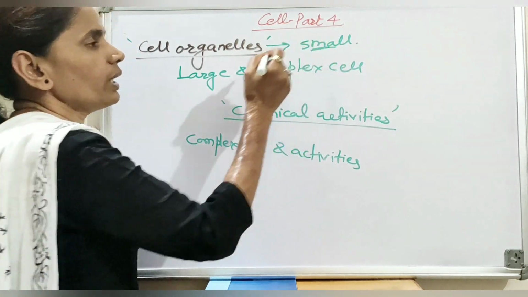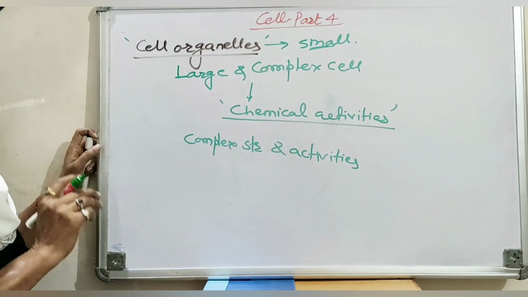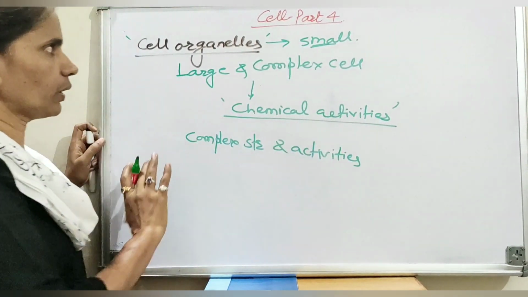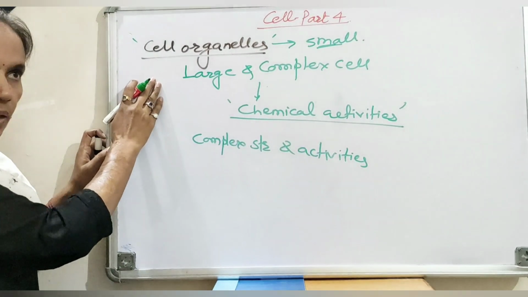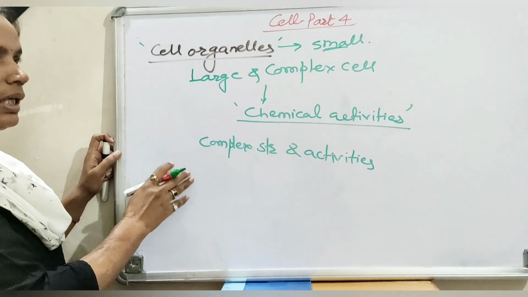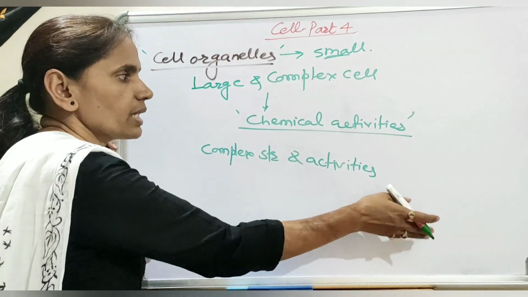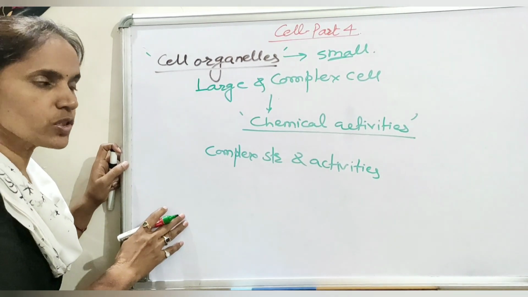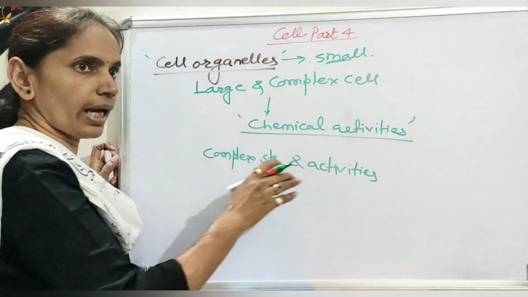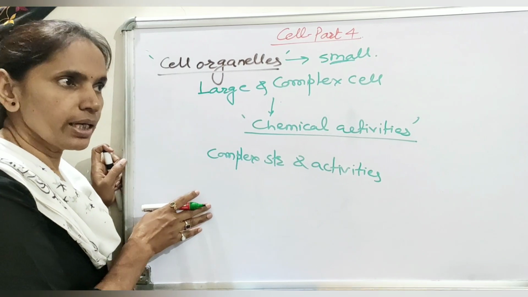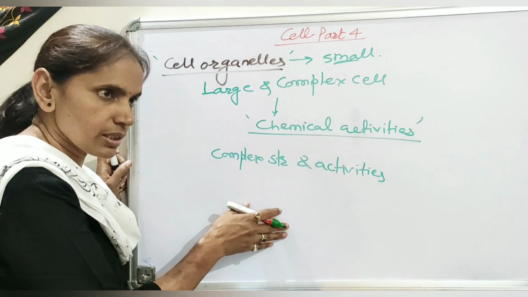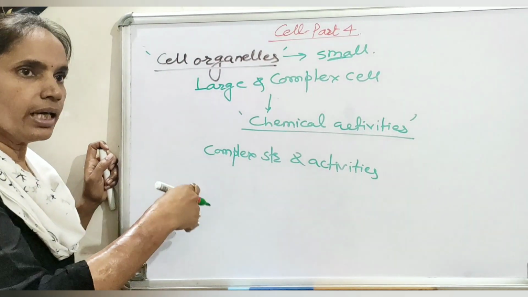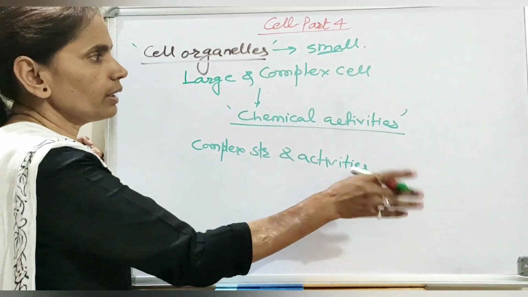Now these smaller cell organelles are in most cases visible only under electron microscope. Now these cell organelles differ in their activities as well as structure. These cell organelles are responsible for a variety of cellular activities such as nucleic acid synthesis, protein synthesis, cell wall synthesis, as well as the energy generating metabolic reactions.